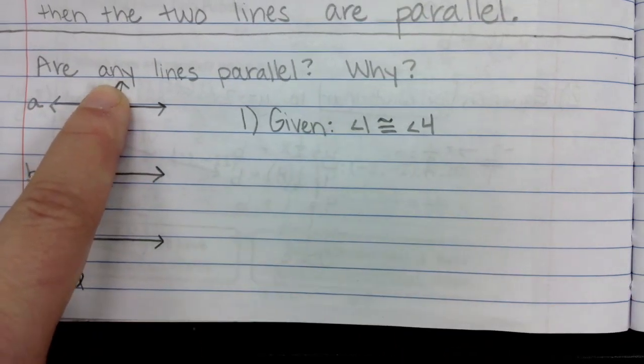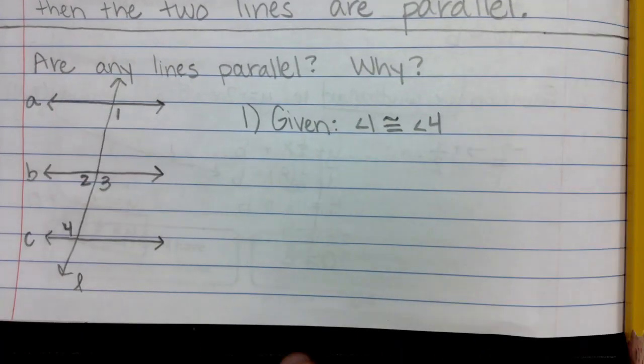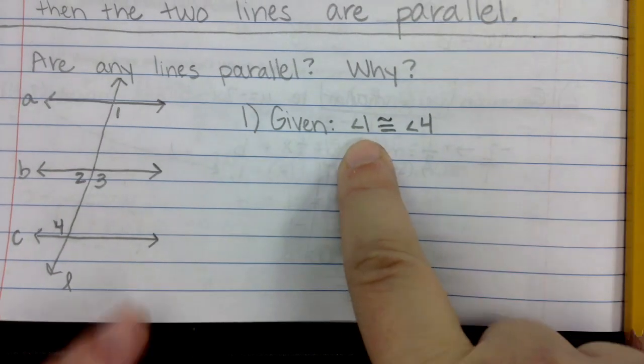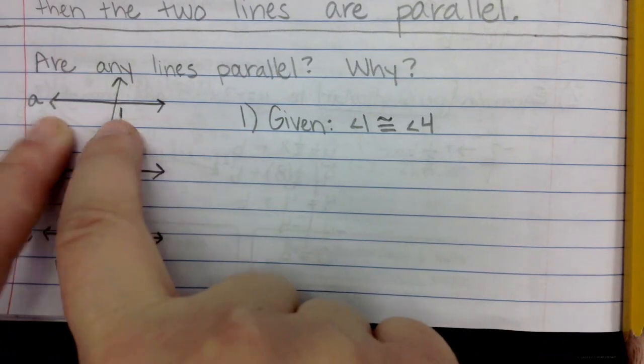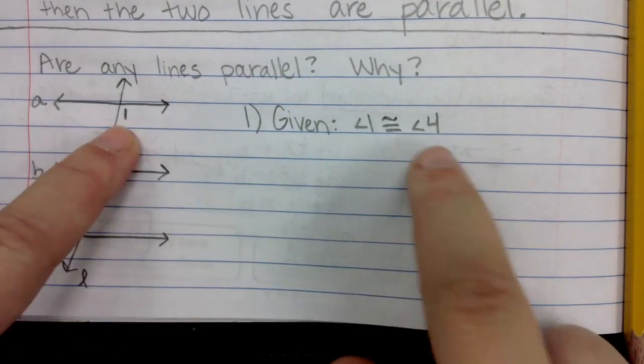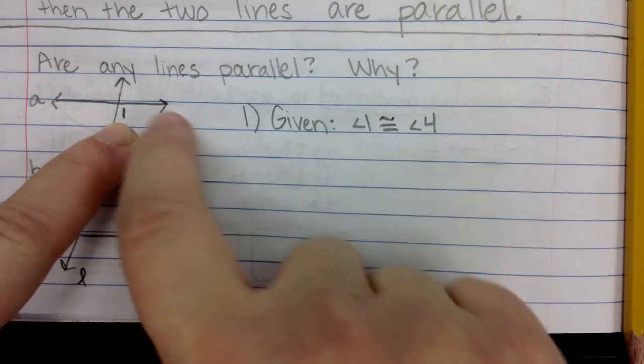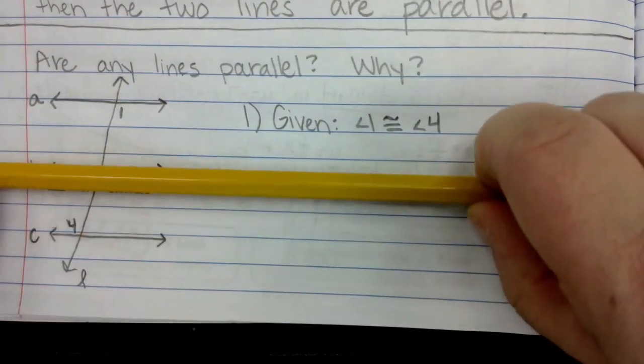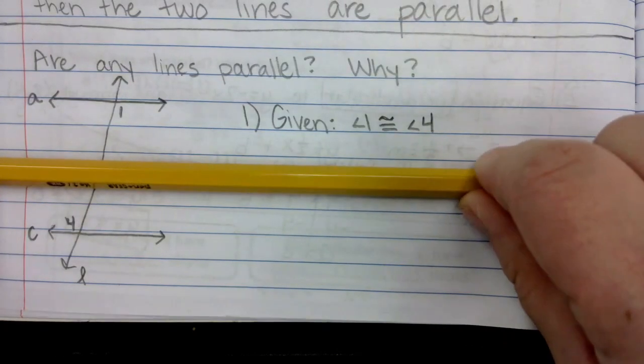Now, if I take a look at angle 1 and angle 4, is there a relationship between those of one of the 4 things we mentioned above? Are they corresponding, alternate interior, consecutive or alternate exterior? Good, alternate interior. With alternate interior angles, in order for things to be parallel, my alternate interior angles have to be congruent.